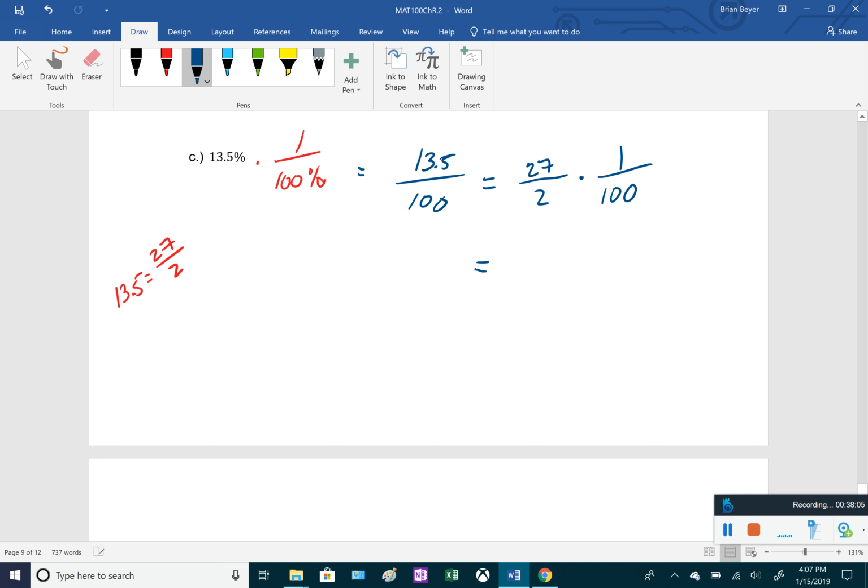Okay, so it's going to be 27 over 200. Multiply numerators, multiply denominators, so 27 over 200. So didn't really need this intermediate step in here. Could have left it how we started it, 13.5% times 1 over 100%. Change 13.5% to a fraction to make it a little bit easier to work with. And then multiply numerators, multiply denominators. That was a little bit tricky.